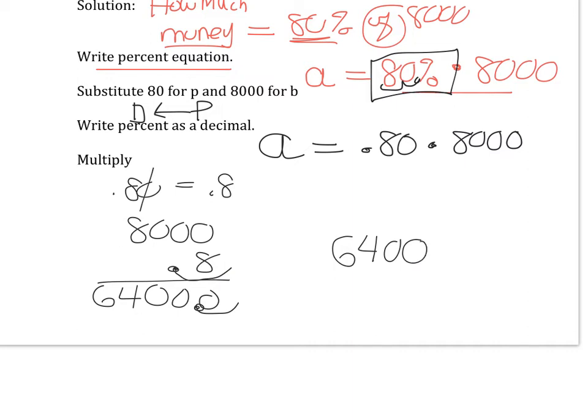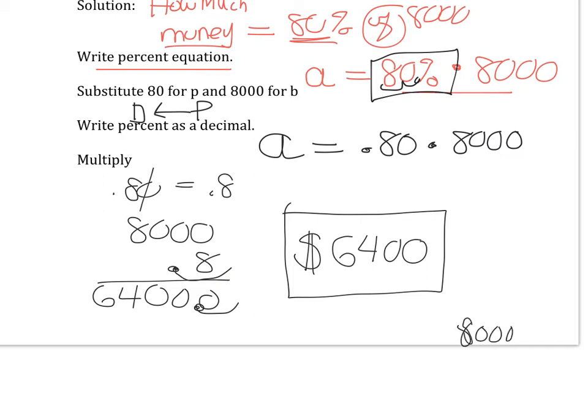And I remember that what I was finding is money, so I'm going to put the dollar sign. So that means we have raised $6,400 of our total goal, which was 8,000. So that sounds about right as being exactly 80% of 8,000. And that's my answer for this one.